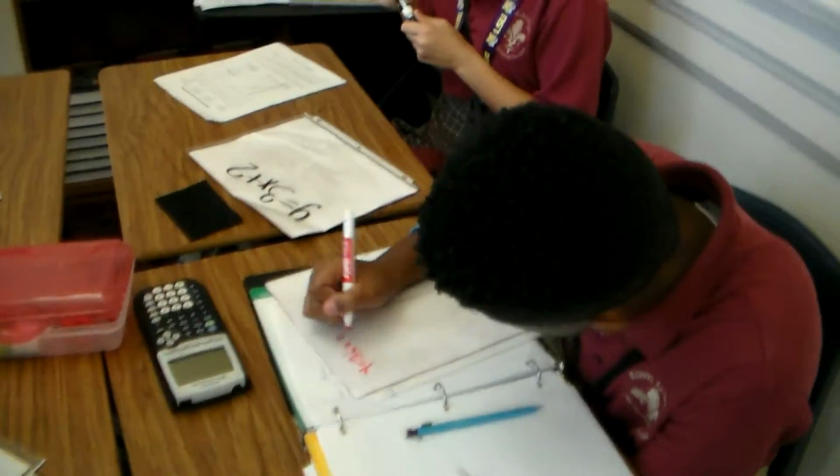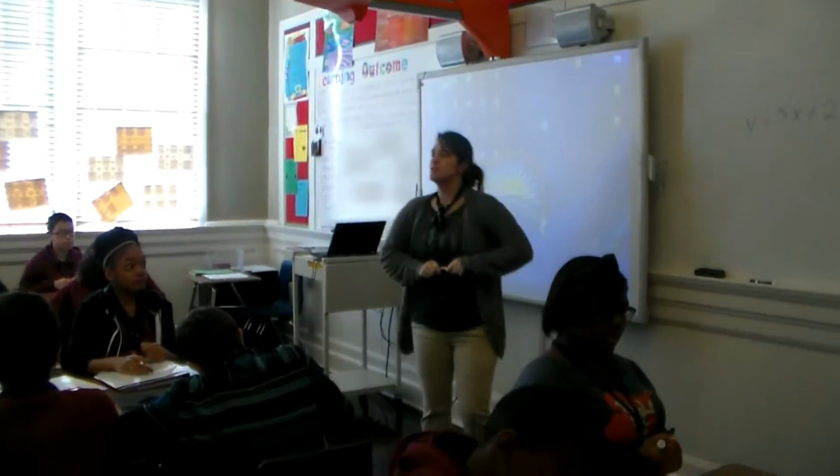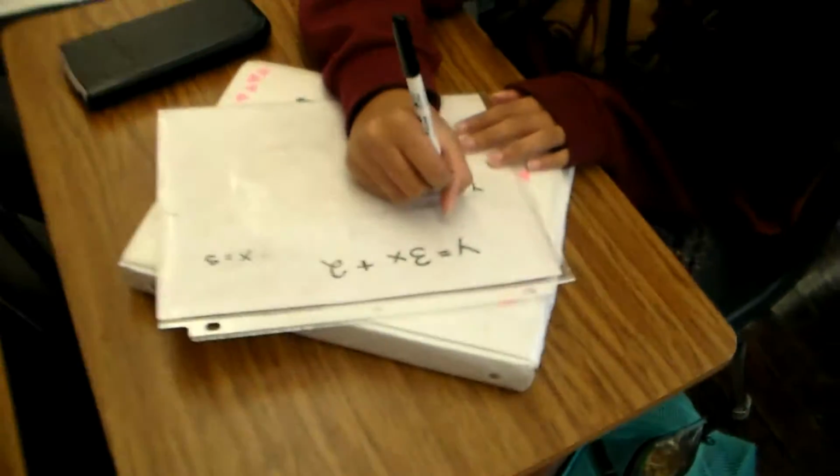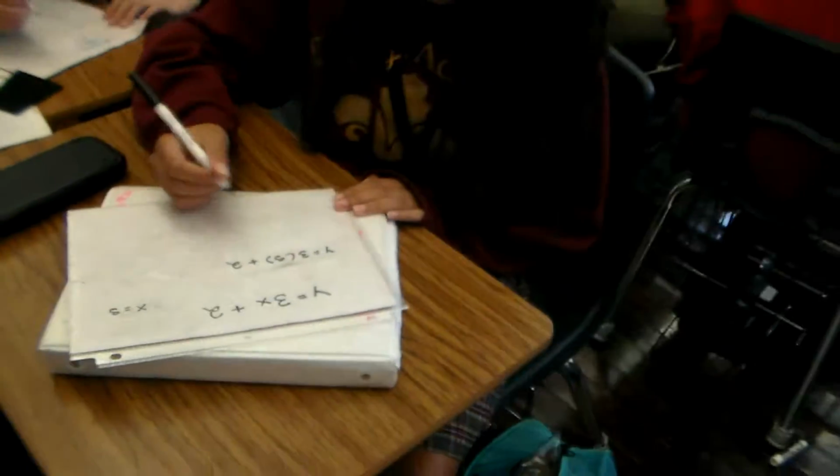And this time, we're going to say if x is 5, what would y be? So if x was equal to 5, what would y be? And when you're done, turn it right side up, side out.